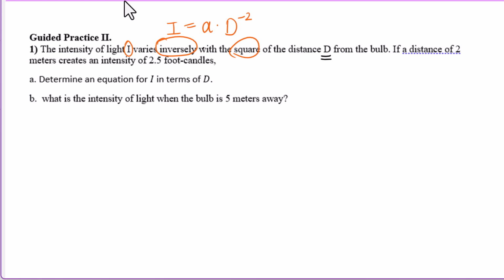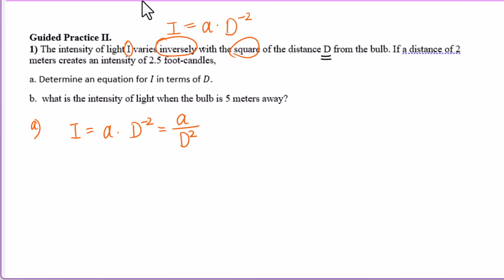If a distance of 2 meters creates an intensity of 2.5 foot candles, determine an equation for I in terms of d. I equals a times d to the negative second power equals a over d squared.